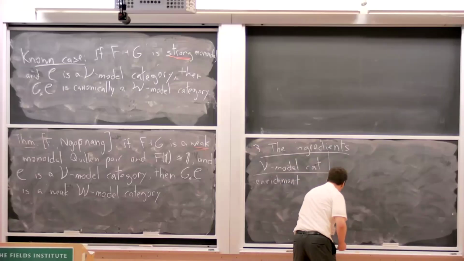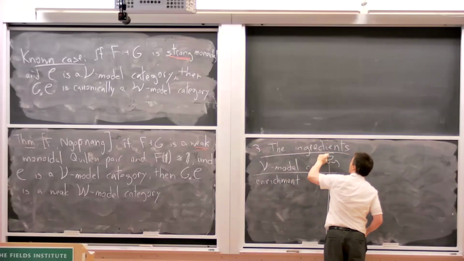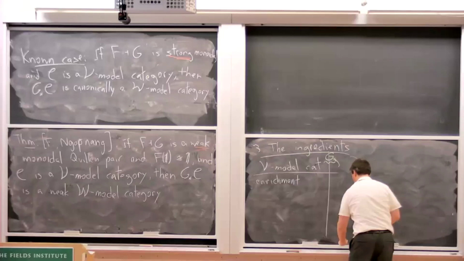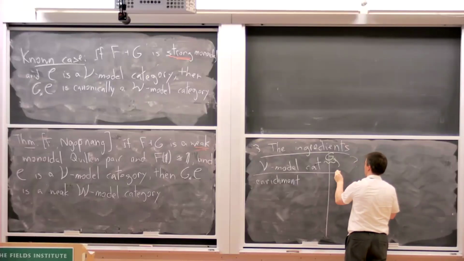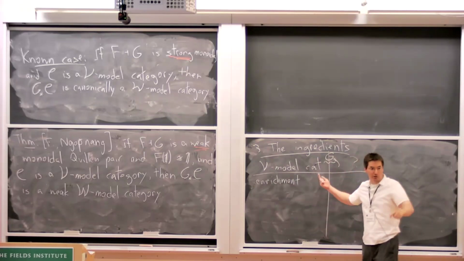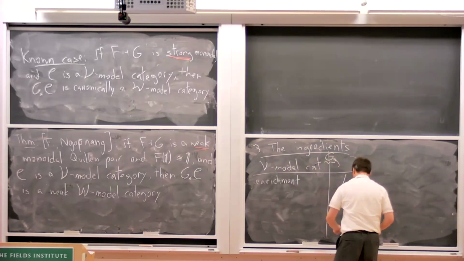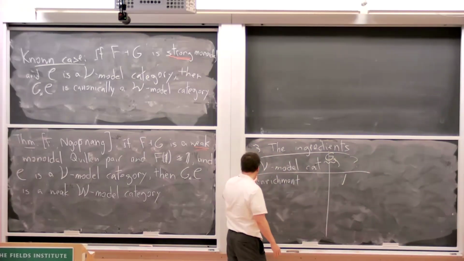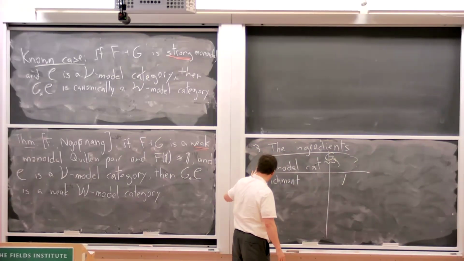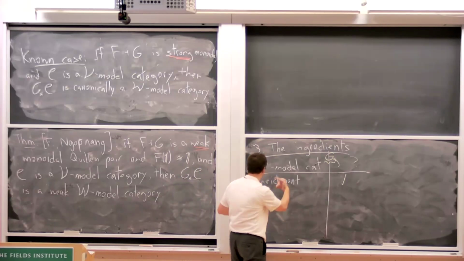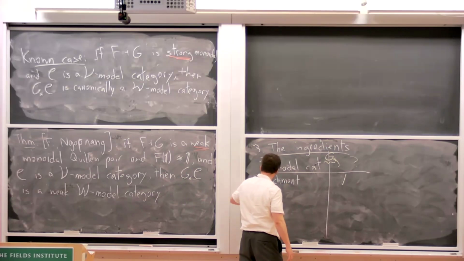And what happens when you change the enrichment, right? Well, we still have an enrichment, right? We're just changing the enrichment along a lax monoidal functor. No problem there. We need tensoring and co-tensoring, and that's where all the hard work is. So I'll keep that for later. Let's look at the model structure.